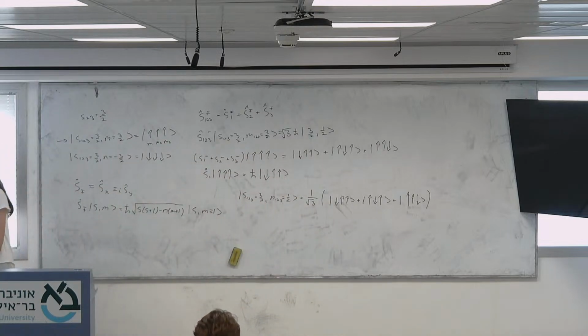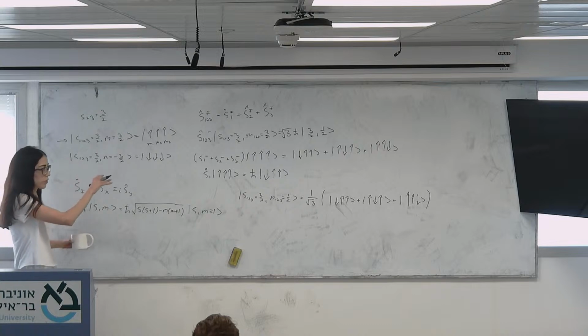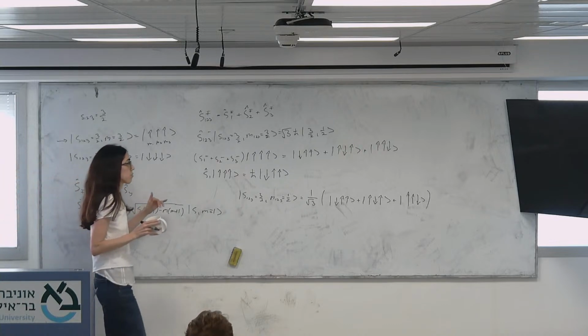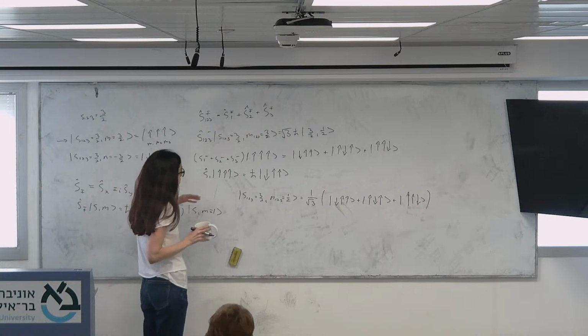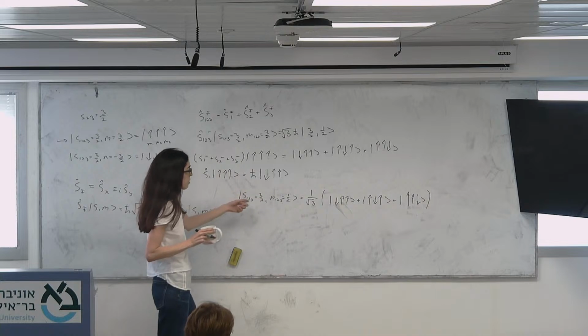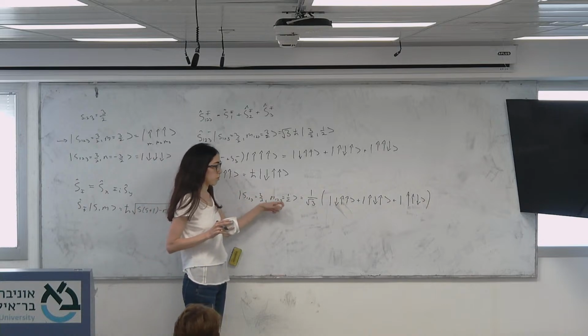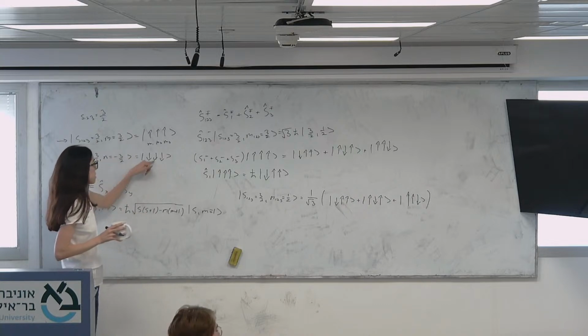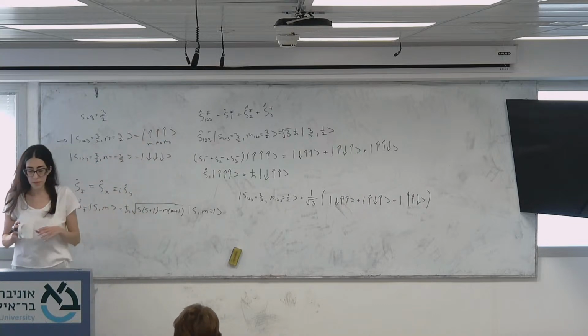In the same way, which I'm not going to do because we understood the concept, you can either use again S minus on that to get the state for M1,2,3 equal minus half, or you can use that state with S plus and get the same.